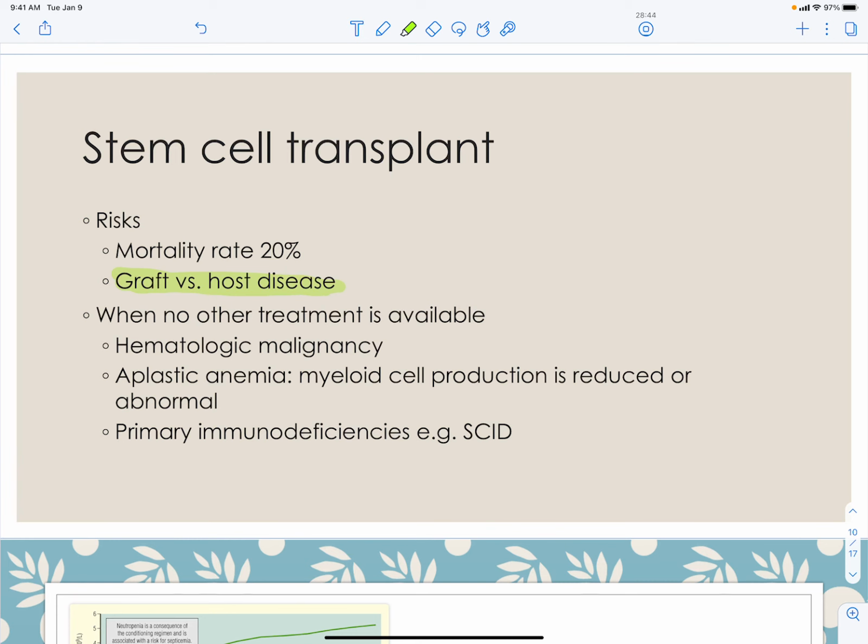So you have some sort of malignancy associated with the recipient's T or B cells or myeloid cells. Or there's aplastic anemia. You also can have primary immunodeficiencies, such as severe combined immunodeficiency, in which the person would die if they did not get a transplant. And so under those circumstances, you can try to do a stem cell transplant.